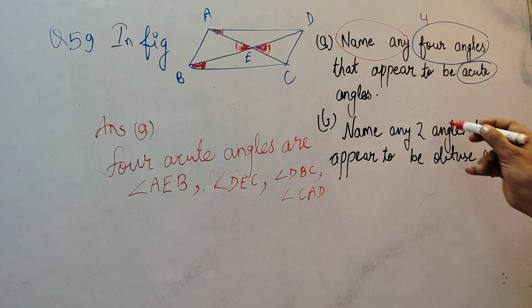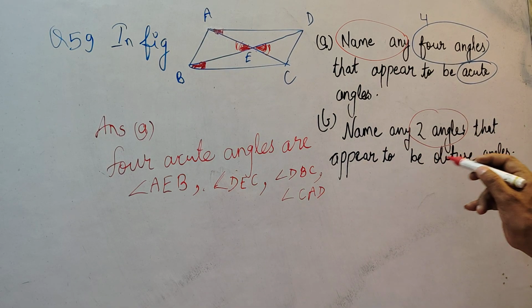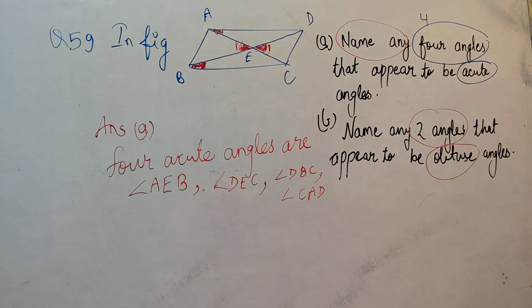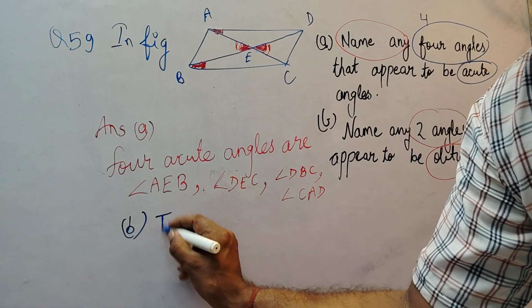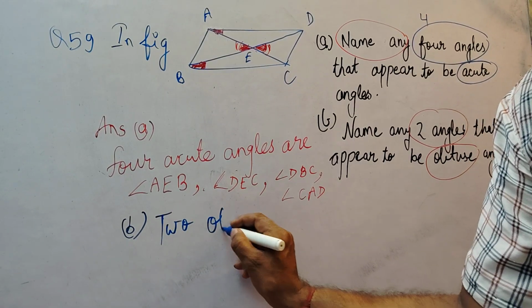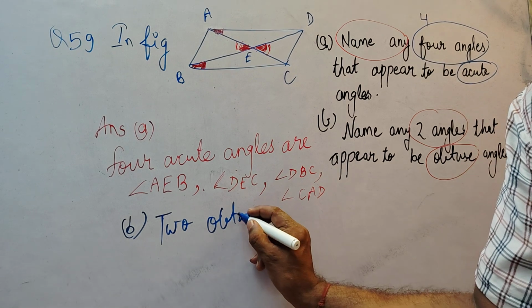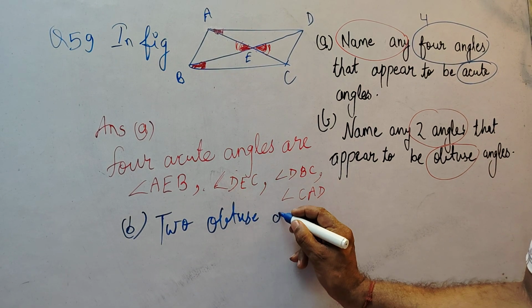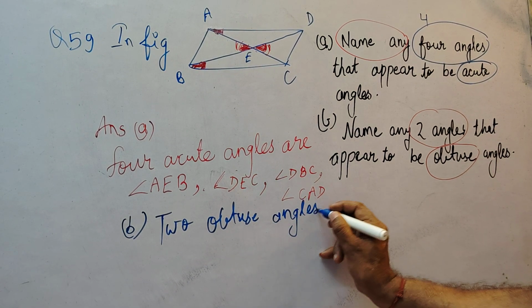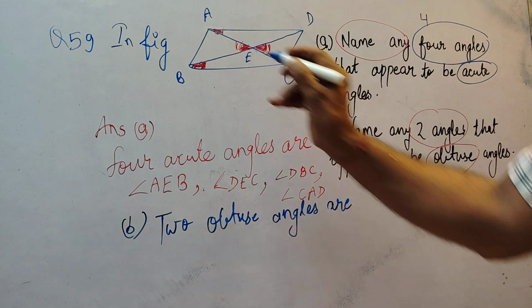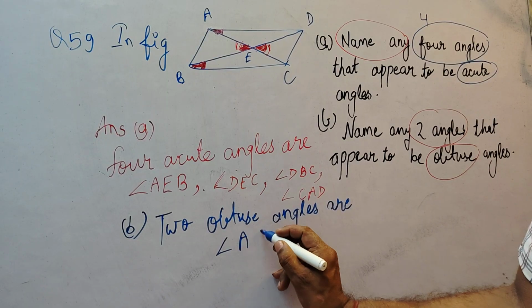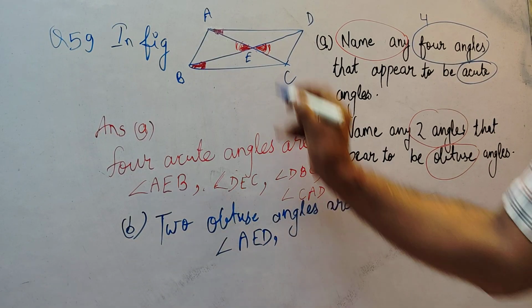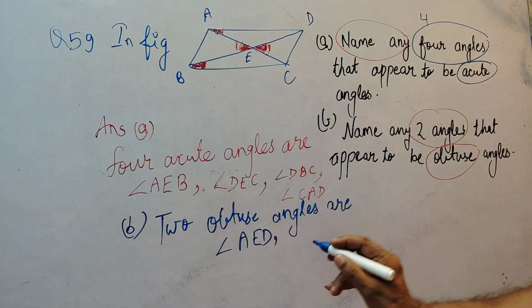Now the second part is: name any two angles that appear to be obtuse. So we have to write down two obtuse angles. The two obtuse angles are, this time, angle AED, and opposite to AED is angle BEC.